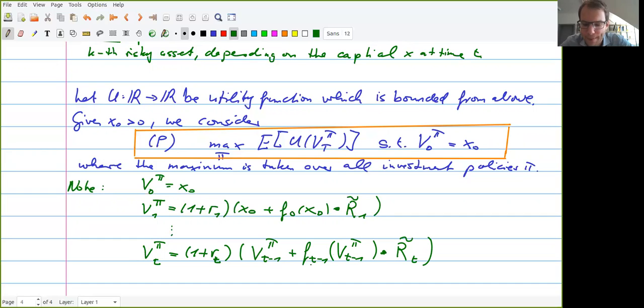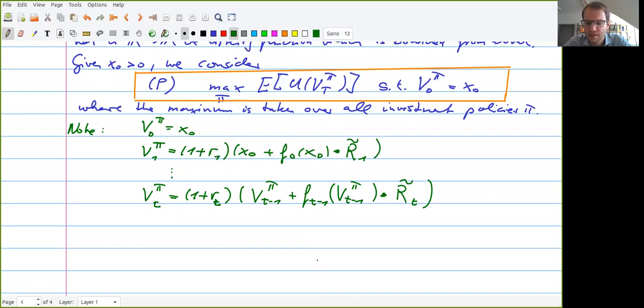And now these returns are all independent. So if I iteratively maximize my capital in each period, then these are independent portfolio optimization problems.